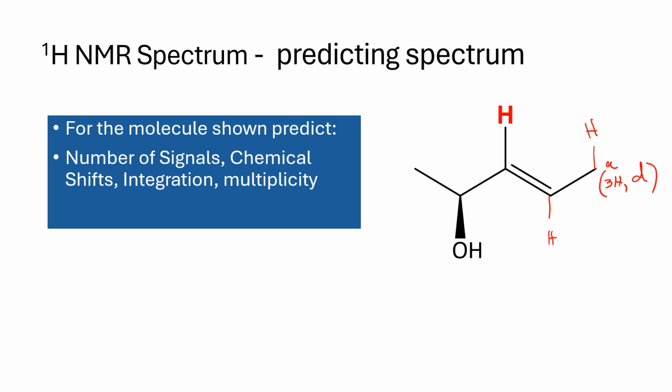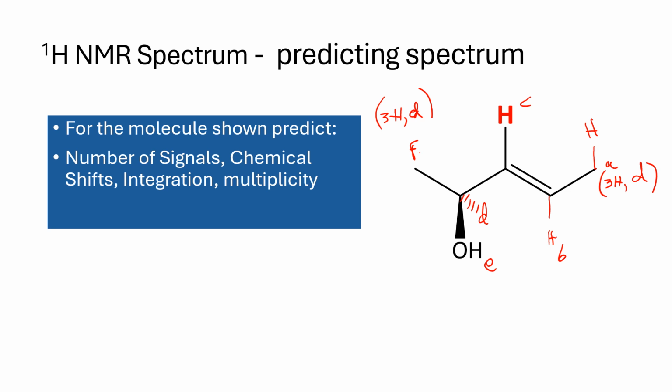And now I'm going to do the easier ones first, but I'm going to say B, C, D, E, F. Now, going to the other end, F is 3 H's, and they're looking at 1 neighbor, so this is a doublet.